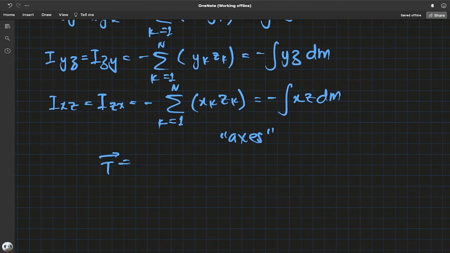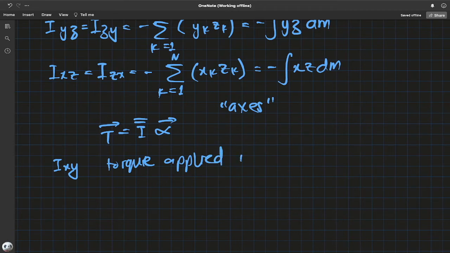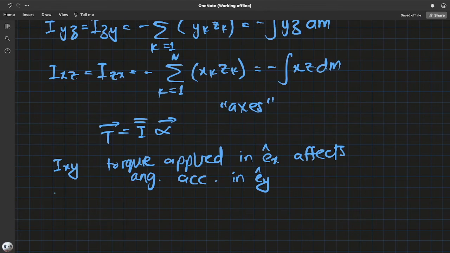The way to make sense of all these is to look at this formula. The torque is moment of inertia times angular acceleration. So Ixy is, if torque is applied in the e sub x direction, how that affects the angular acceleration in the e sub y direction.